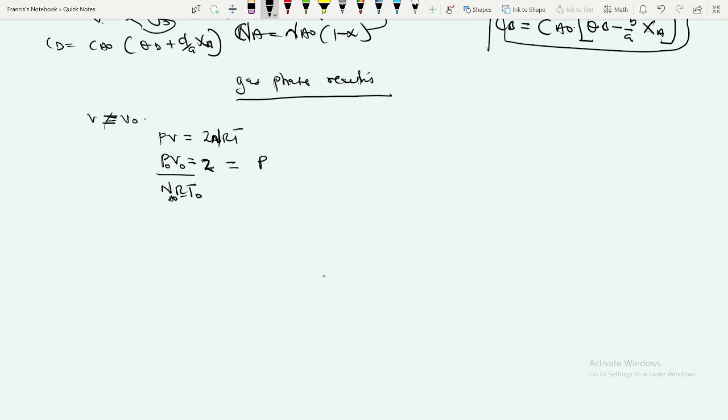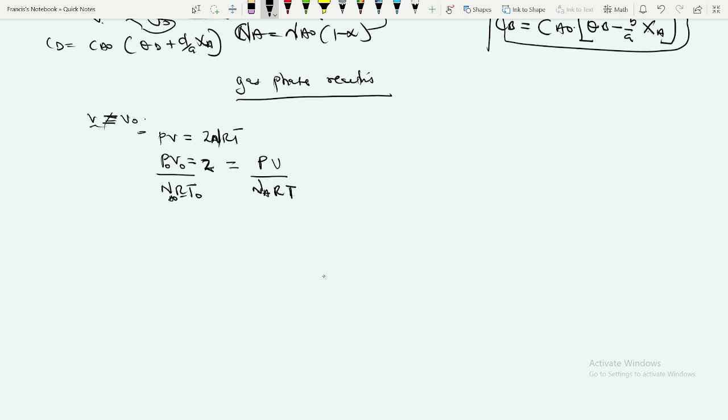This should be equal to PV over N A R T. I'll just put T instead of T A, because if I put T A it becomes like the temperature of A, but you're looking at the initial temperature and then the temperature at a certain time.